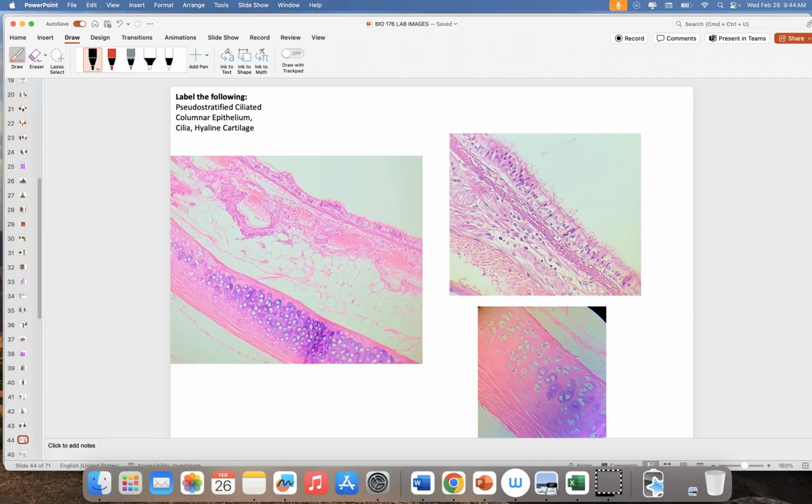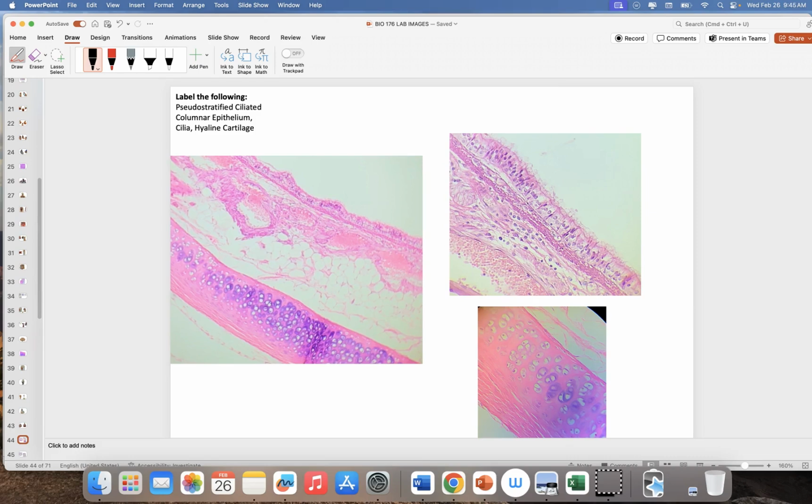Now it's time for us to take a look at the trachea underneath the microscope. That way we can see the histology of the trachea. Of important note are two specific tissues that we're going to focus on.